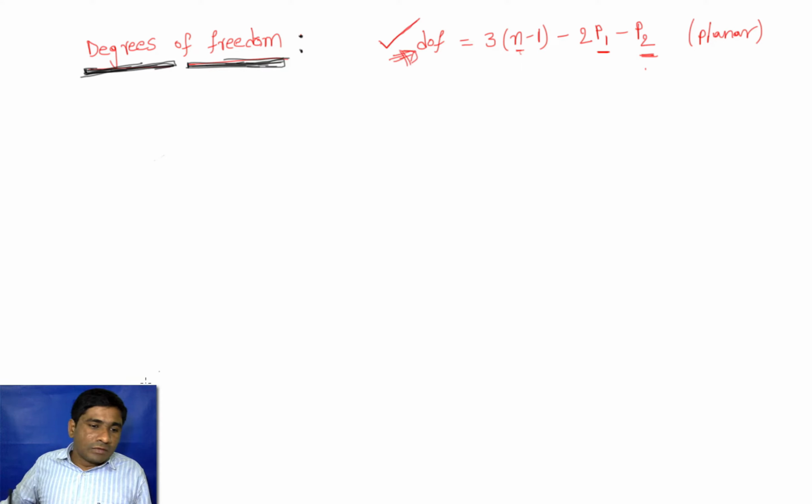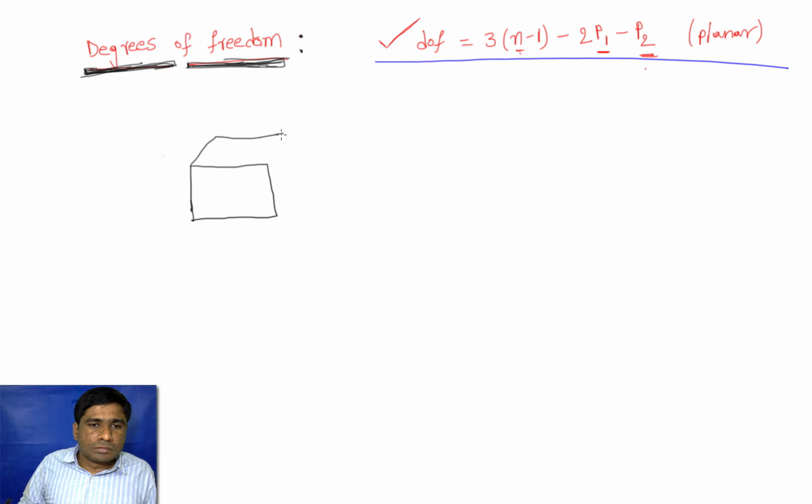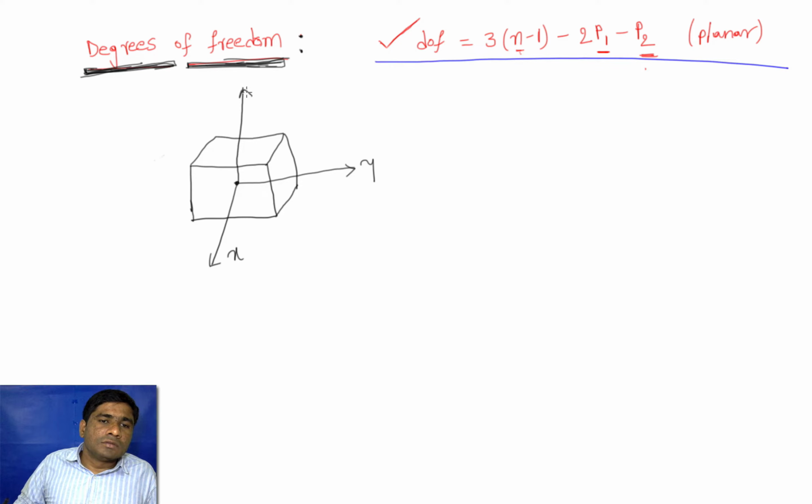First, I will consider a body in space, or a three-dimensional coordinate system. This is a body, and at the center of the body, this is the y-axis, this is the x-axis, and this is the z-axis.